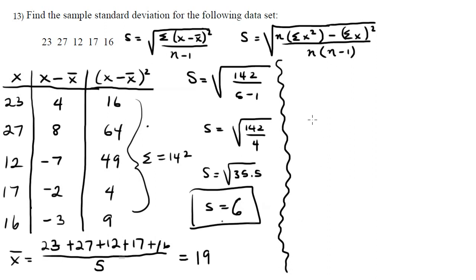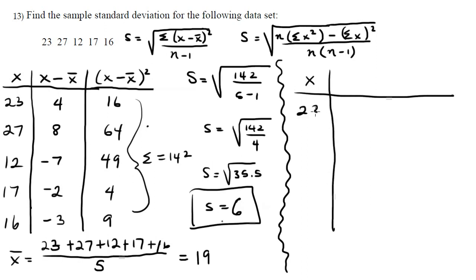Let's use the shortcut formula and see if it's actually a shortcut. This formula here. So x value. So again, the x values would be 23, 27, 12, 17, 16. So this formula says, take the sum of the x squareds.